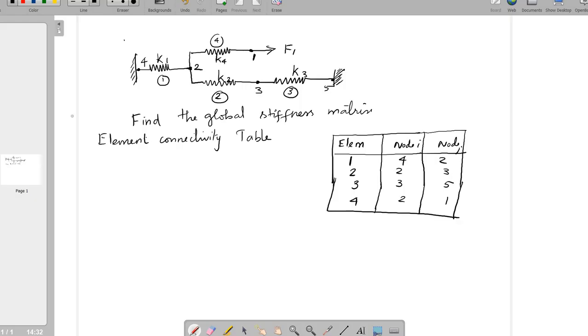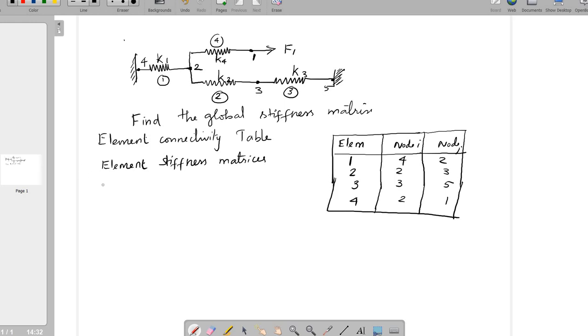So here we are going to formulate the element stiffness matrices.